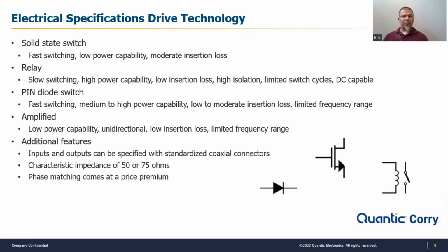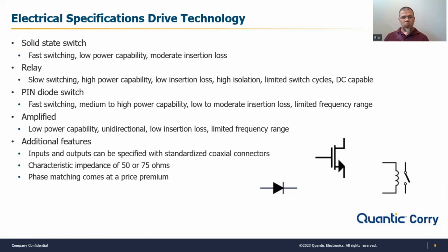If you need to have a really high power switch, and the speed is not as important to you, a relay switching type matrix would be more to your benefit. And then we've got a couple other ingredients that we mix in there as well. You can amplify the signal through the switch matrix, and this would help your insertion loss.